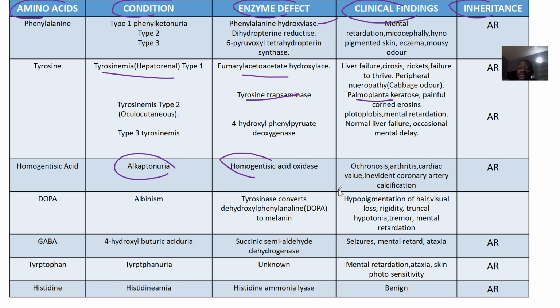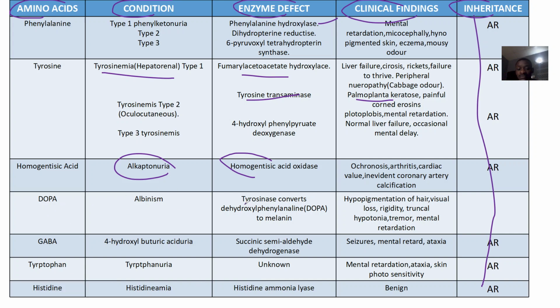Deposition in the joint can cause arthritis, then the cardiac valve, and coronary artery calcification. For all of them here, the inheritance pattern is AR, autosomal recessive.